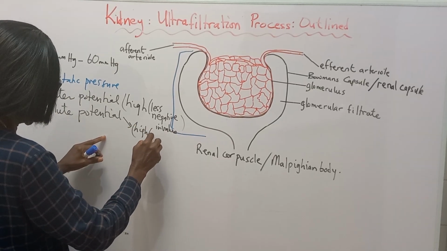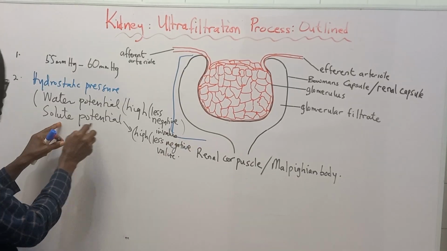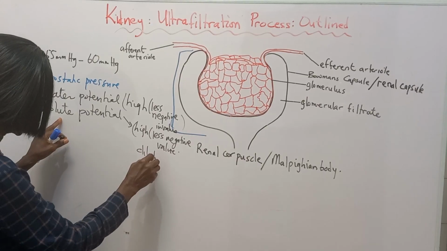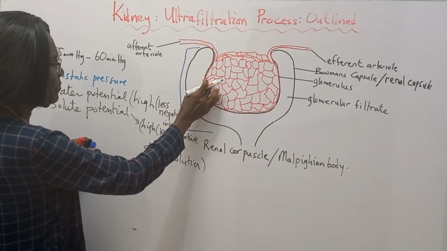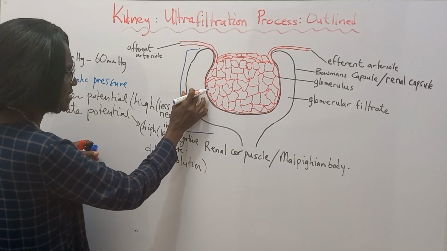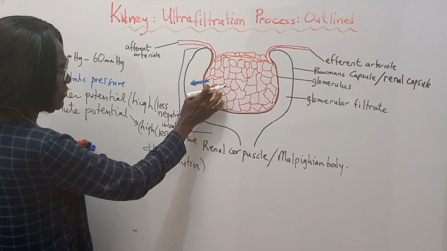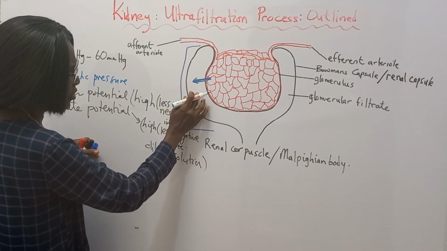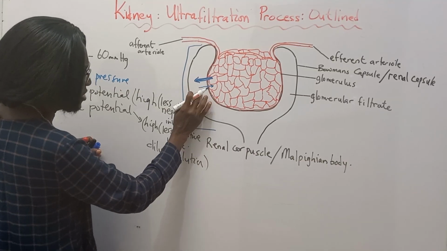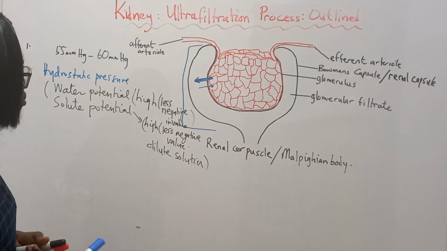It means it's also less negative in value. Solute potential being high means it's a dilute solution, and hydrostatic pressure being higher in the glomerulus than in the glomerular filtrate means that substances will filter from the glomerulus into the glomerular filtrate, even though other substances will also try to filter back. This we explained in our lesson that you need to check.